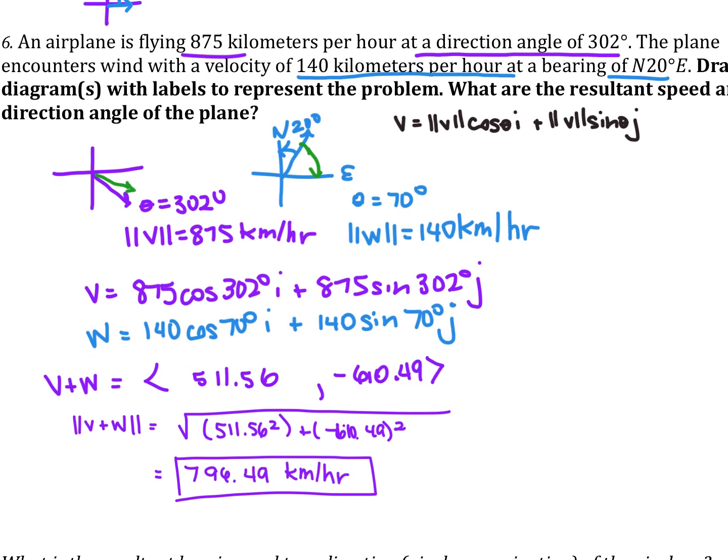Now to find the direction angle, we're going to use tangent. Tangent of theta equals, and we look at our resultant vector, negative 610.49 over 511.56. So theta is tangent inverse of this value.